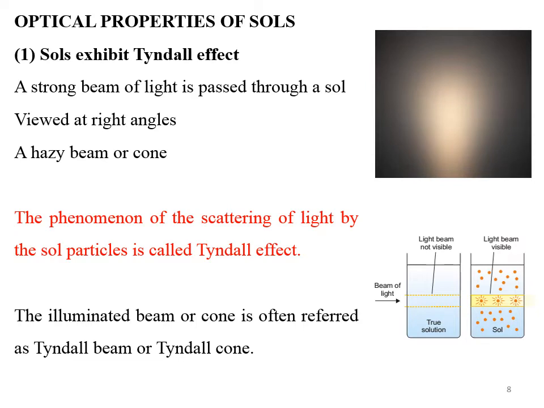The scattering of light is also demonstrated in this figure where one beaker contains a true solution while the second one contains the sol. In case of true solution, there is no light scattering, so there is no Tyndall effect, while in case of sol, the sol particles scatter the light.